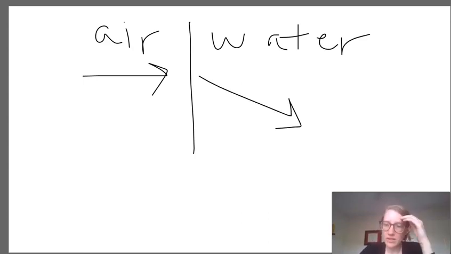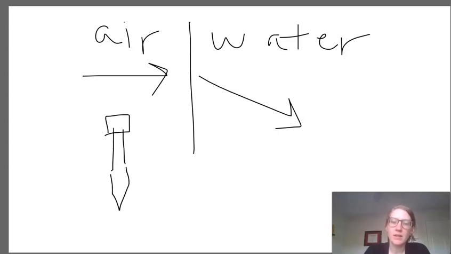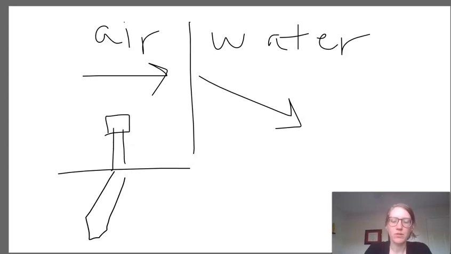And the light still passes through, but it changes direction. That's how you have the phenomenon of a pencil that ends up looking kind of broken when you put it into water. And it looks like it's kind of bent or something. All right. So the light that is passing through is still going from one medium to another, but it's just changing direction. Okay.